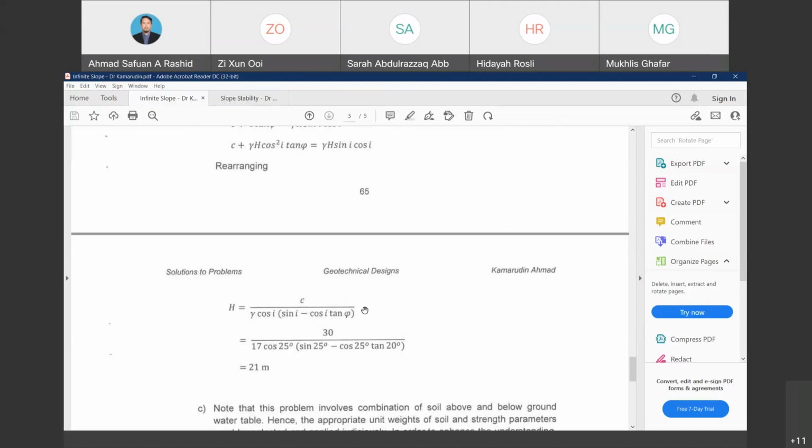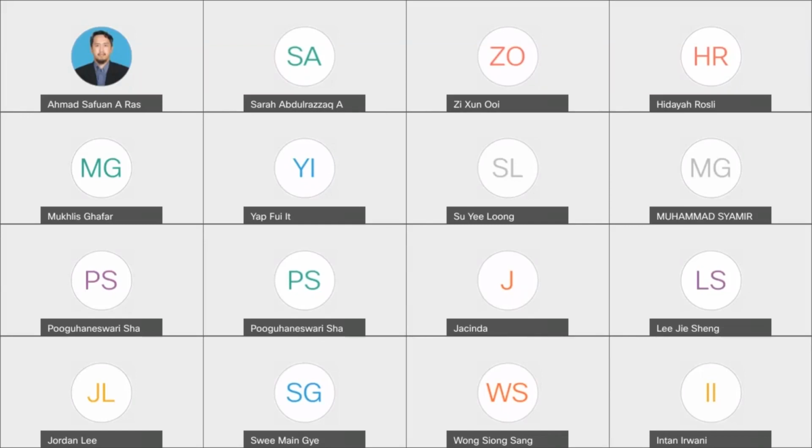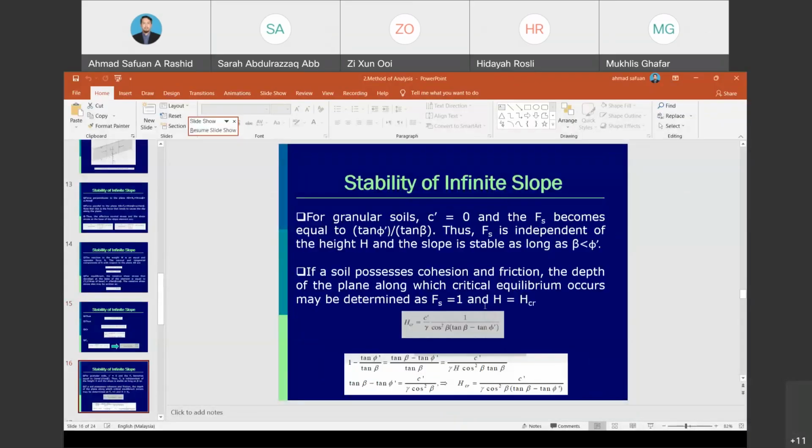This is Dr. Kamarudin's equation. I will switch to Braja Das's equation for the HCR. If you use this equation straightforwardly, you also get HCR equal to 21. So you have two options here.